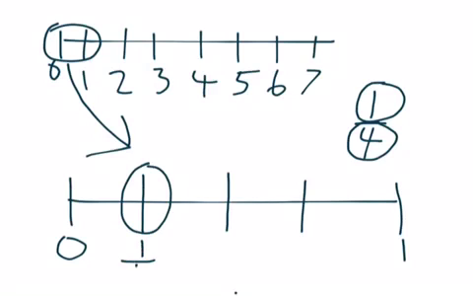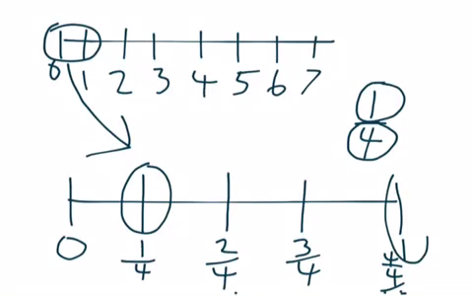So this is 1/4, and this would be 2/4, and 3/4, and one more fourth makes 4/4, which equals 1. But the one we were looking for is 1/4. So the denominator means how big each piece or section is, and the numerator means which piece we're trying to find.